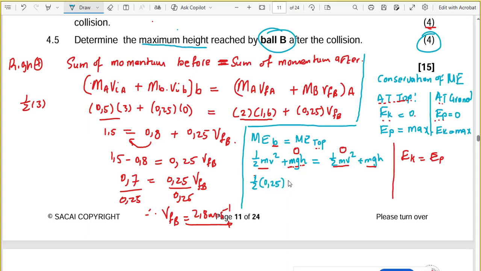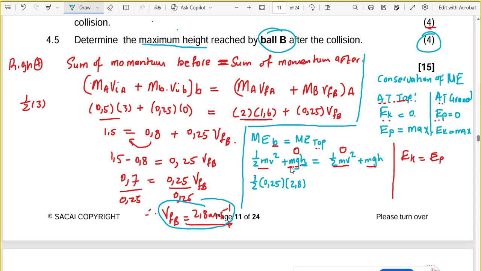Then the velocity of ball B after collision. We calculated the velocity after collision as 2.8, so this will be multiplied by 2.8. Now we know that this is 0, because the height at the bottom is 0.